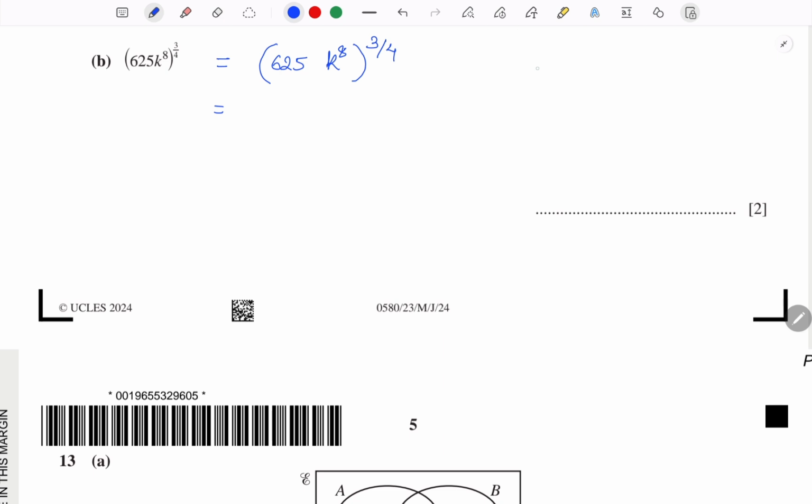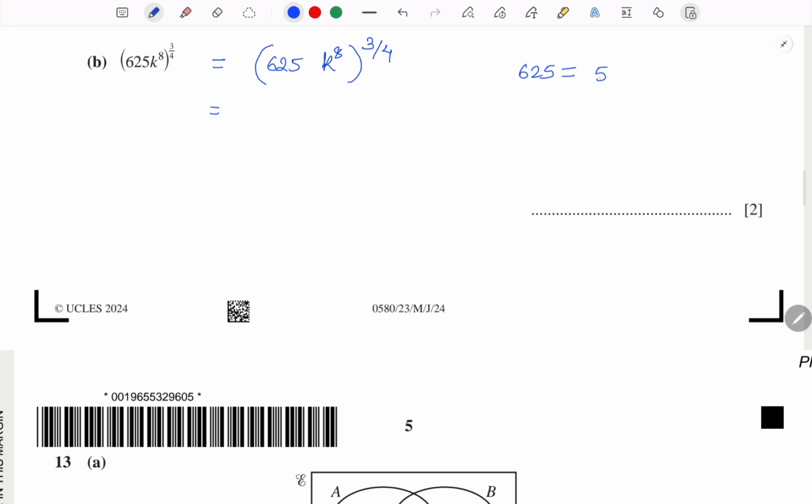This 625 can be written as 5 into 5 into 5 into 5, right? So this one is 5 raised to the power 4. Now I have k to the power 8. Let's see how we can write k to the power 8. K to the power 8 is nothing but k squared whole raised to the power 4.